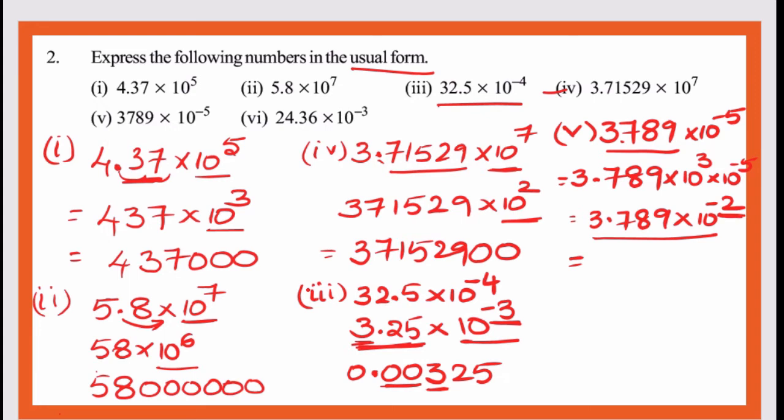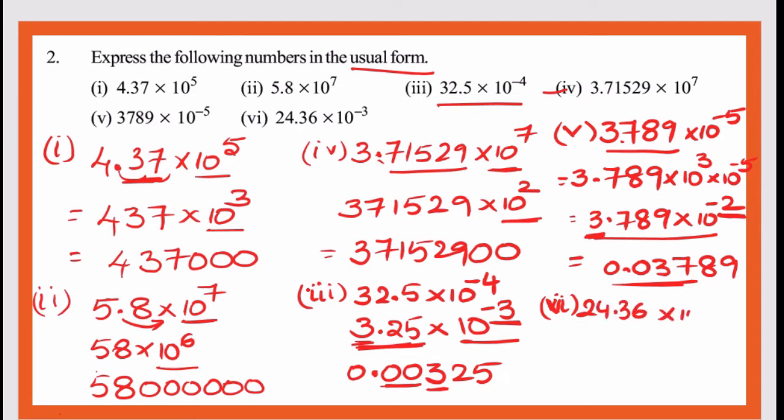Since we have 10 power minus 2, that means we have only one 0, and after that we get the first non-zero digit, which is 3. So this is nothing but 0.03789, right? This is my usual form. Next, question number 6. Now moving on to question number 6.